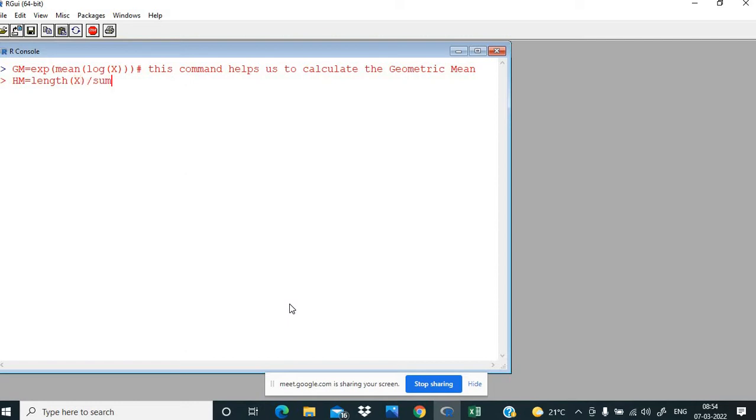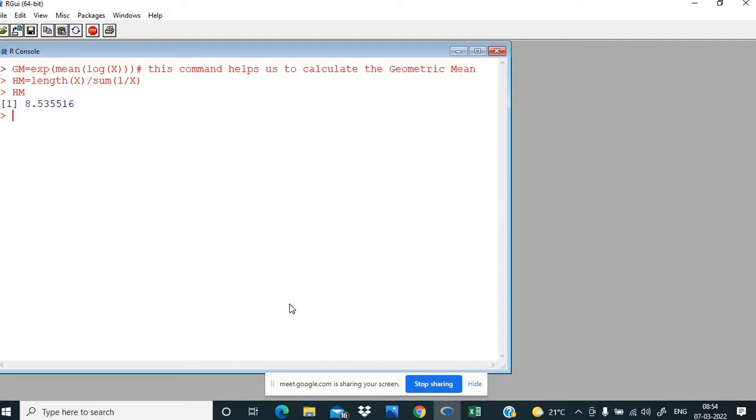So this is sum, then 1 slash capital X. So it will calculate 1 by X, and I think it should work. Let me see. Yeah, harmonic mean is working. It is n divided by summation 1 by x. So that is how this is working.